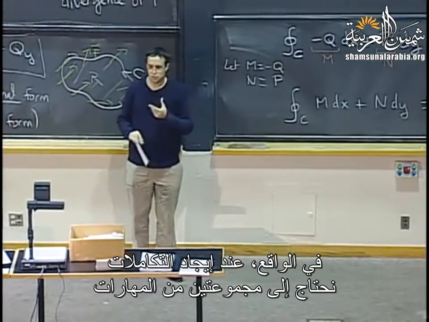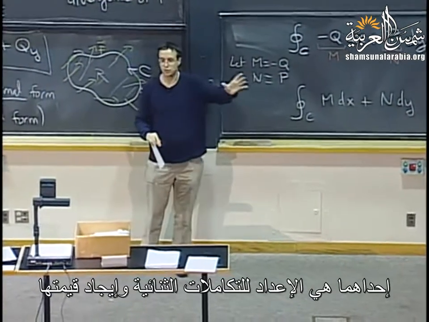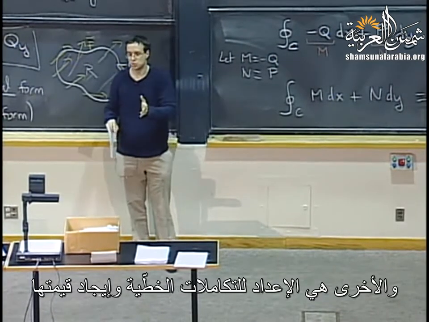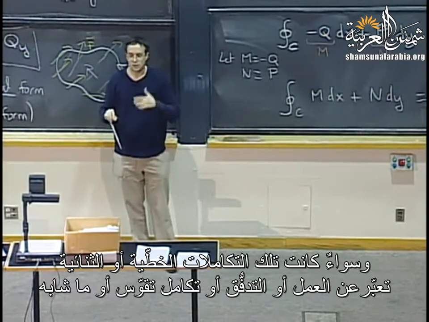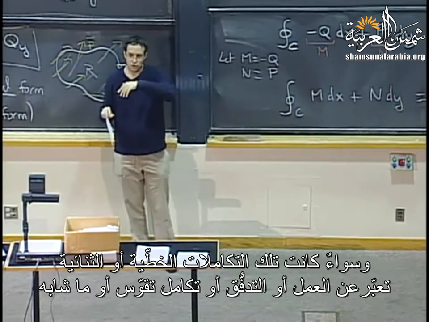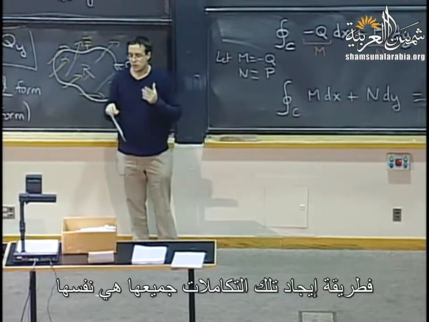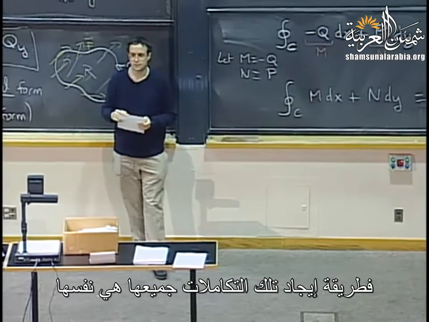So in terms of computing integrals, we just have two sets of skills. One is setting up and evaluating double integrals. The other is setting up and evaluating line integrals. And whether these represent a work, a flux, an integral of a curl, whatever, the way that we actually compute them is the same. Okay?